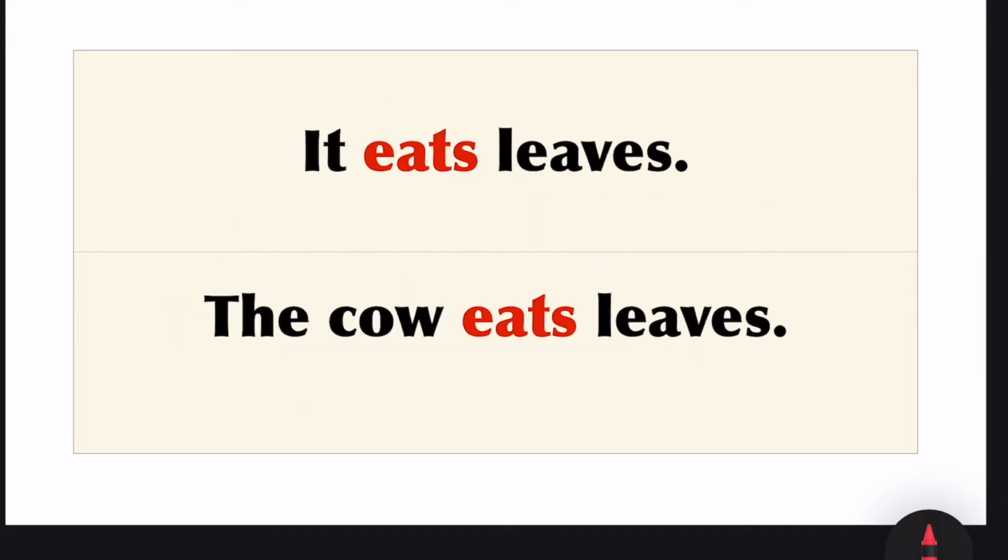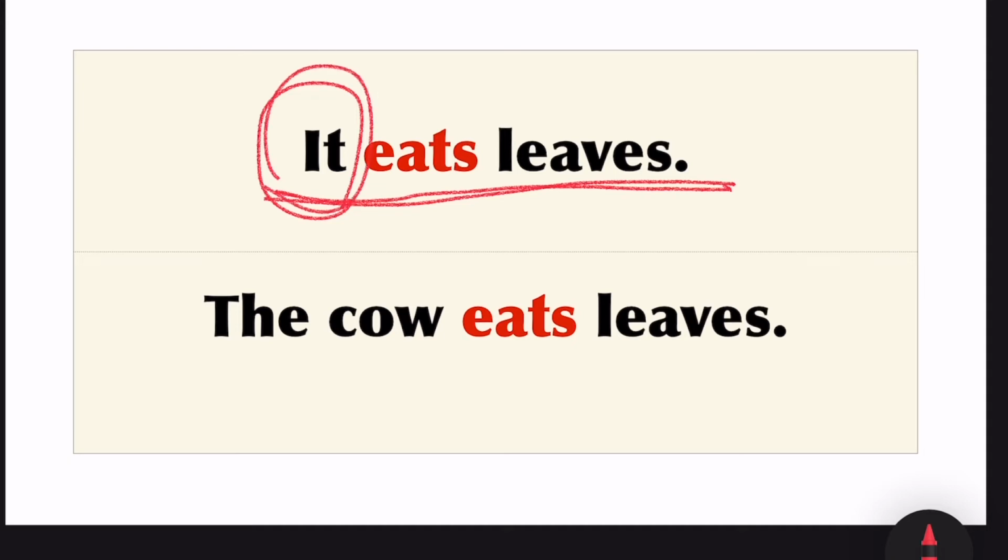It eats leaves. It refers to anything, birds, animals, place, like that. It is also a third person singular subject, so the verb eat takes an s with it.